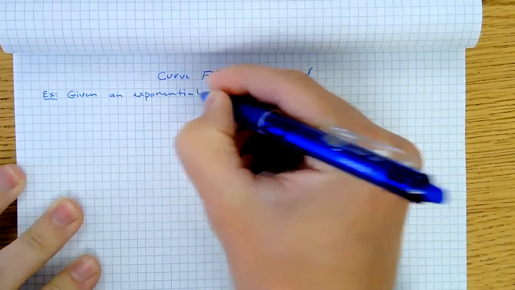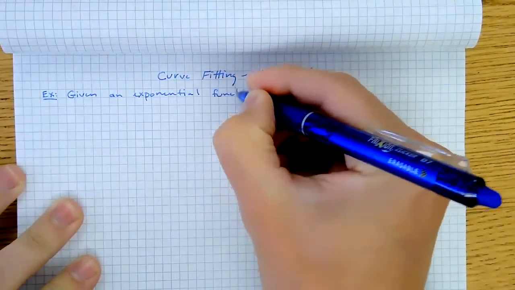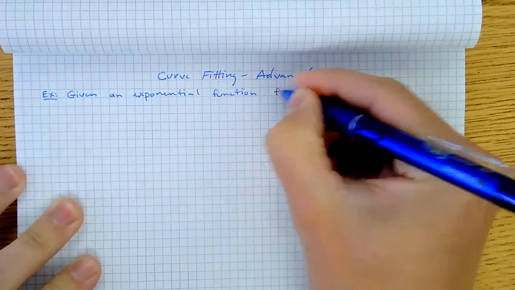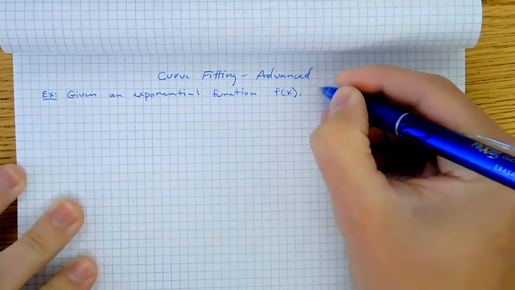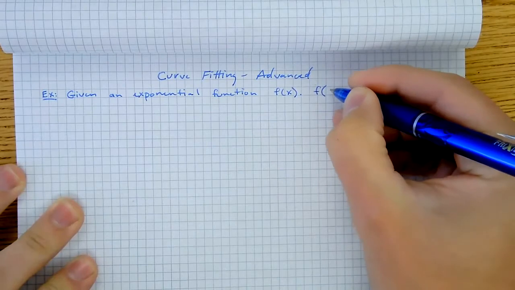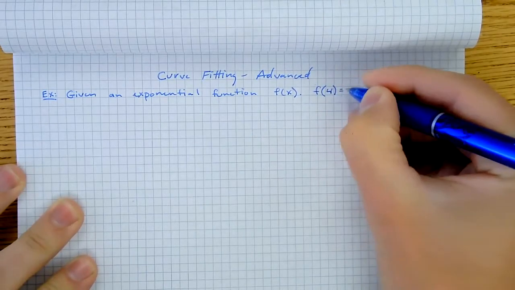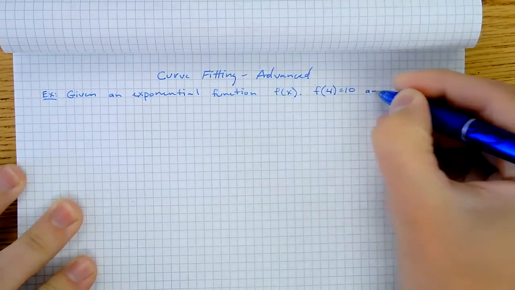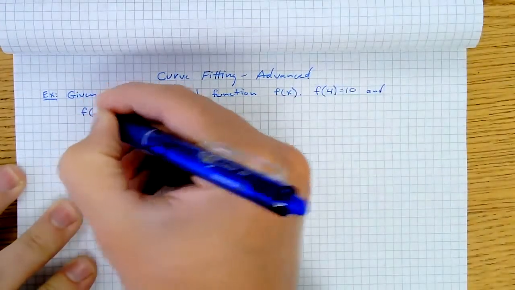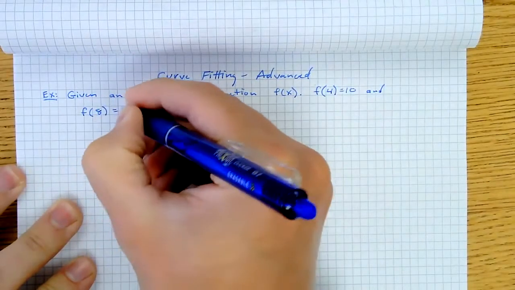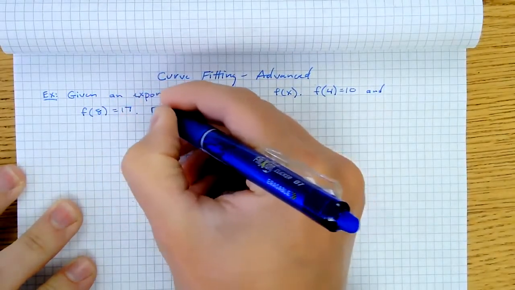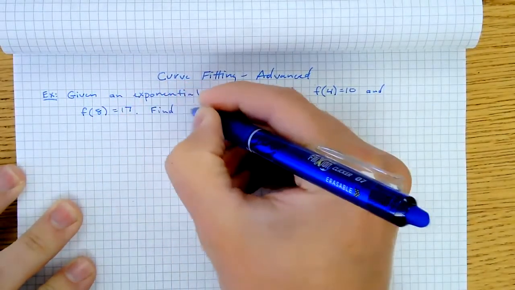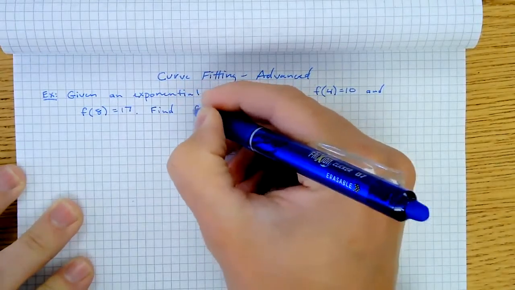So let's say given an exponential function f of x, say f of 4 is equal to 10, and f of 8 is equal to 17. Find f of 20.